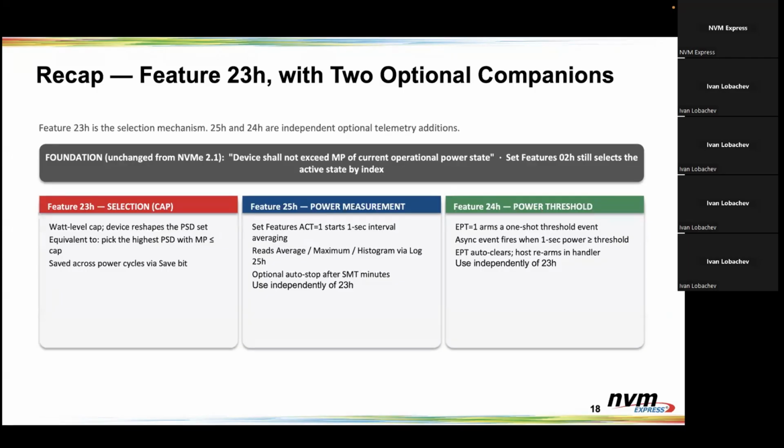We've covered it in a fair bit of detail in this presentation. 25, which is power measurement, and 24, which is power threshold, are additional power telemetry options available to you since 2.1. So if you're adopting 2.3, you'll likely already have a version of that implemented somewhere in your code base. They do not depend on 23 hex and vice versa.